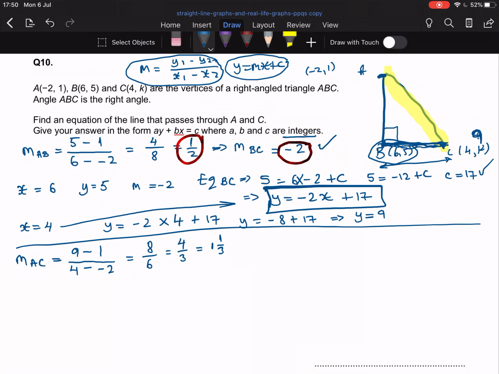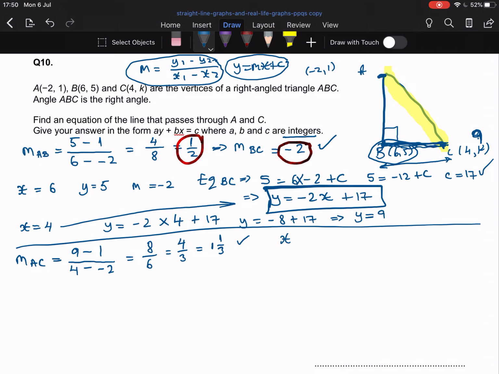And now we have to work out the intercept of line AC, so the y-intercept. So you can choose any point on the line you want. I'm going to choose point A. So I need an x and y, and I also need the m, which I've got here.